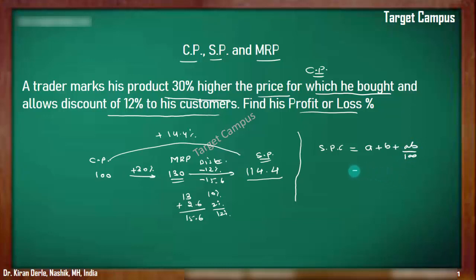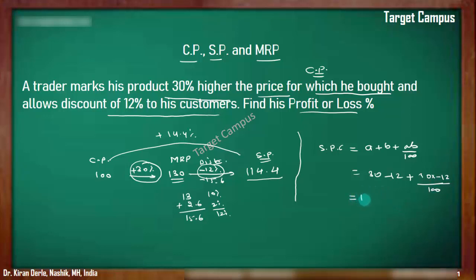A is the increased amount, 30%. Then the discount is offered successively as minus 12. So 30 plus (minus 12) plus 30 into minus 12 upon 100.